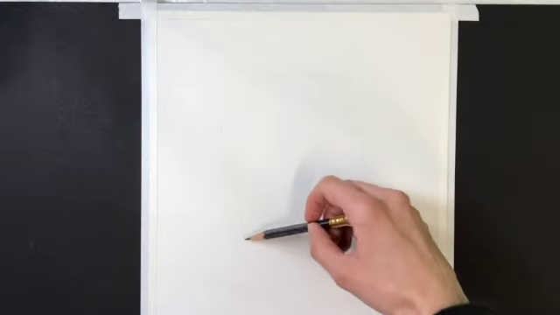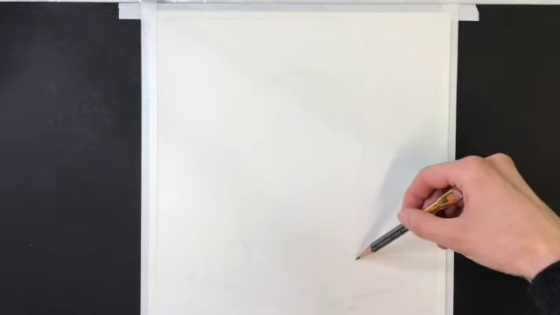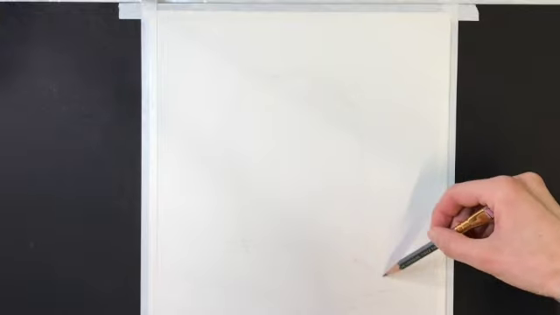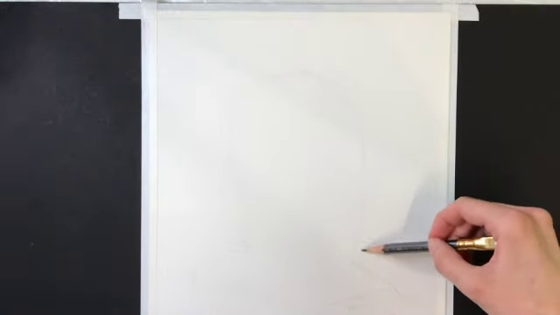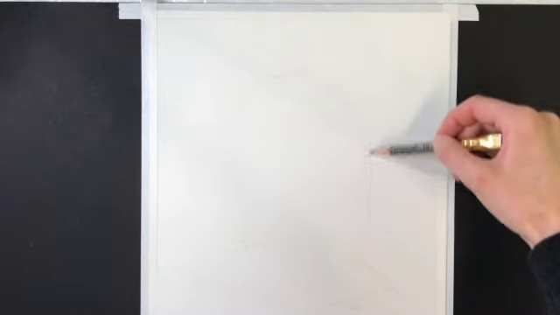At this point, you just want to keep looking between the drawing and the model and kind of abstracting and conceptualizing what you see into larger shapes. Okay, so I can see that this should be wider.